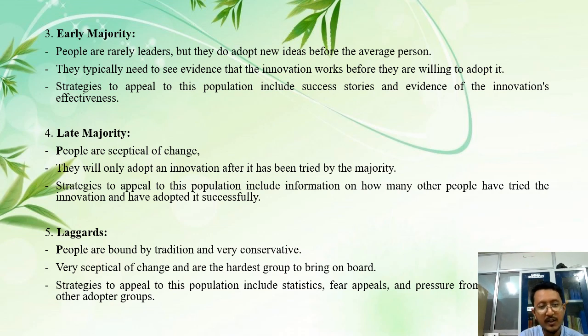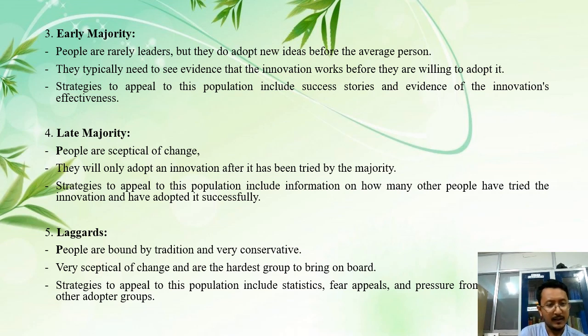They may introduce information on how many other people have tried the idea or the product, and how many have adopted it successfully, how many have accepted it. So this information will help influence them in deciding to adopt a new behavior.